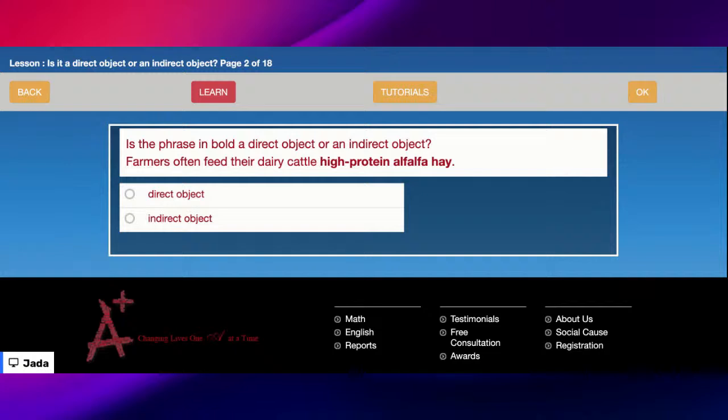Is the phrase in bold a direct object or an indirect object? Farmers often feed their dairy cattle high protein alfalfa hay. So, what's the answer here? Direct or indirect? Send in the chat your answers. Is it direct or indirect?